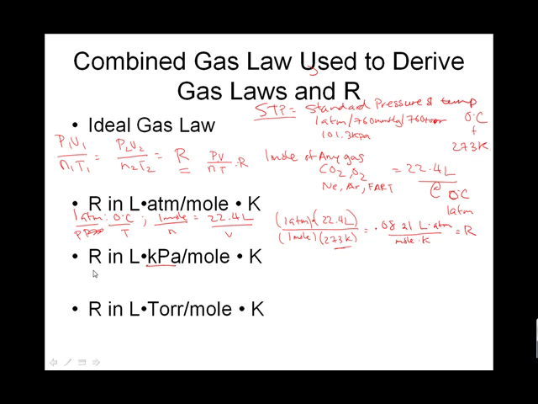So let's try that in kPa. We know that at standard condition, pressure is 101.3 kPa, and at standard temperature, we again have 0 degrees Celsius, which also equals 273 K. That 1 mole takes up 22.4 liters.